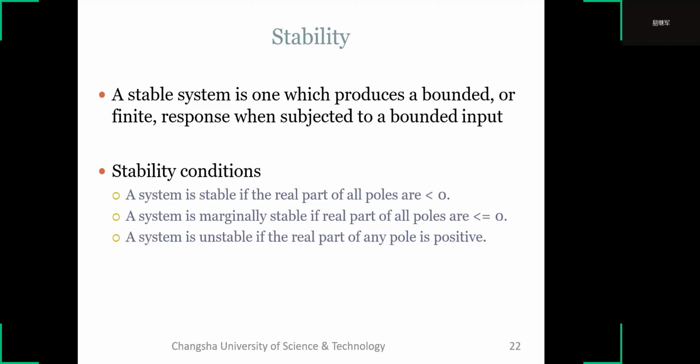Stability. A stable system is one which produces a bounded or finite response when subjected to a bounded input.